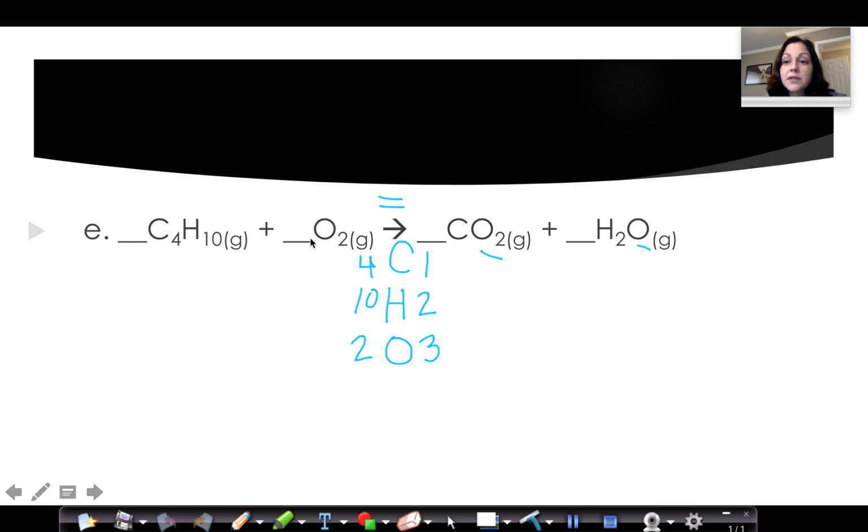When I see something with C's and H's and O's, usually what I like to do is start with the C's. So I'm going to go ahead and pop a 4 in right there to get my C's balanced. And now that's 4 C's, and that's 9 oxygens, because this times 2 is 8, and then there's another oxygen here, so that's where my 9 came from.